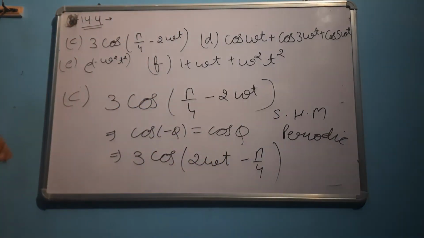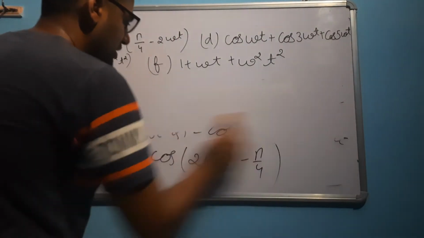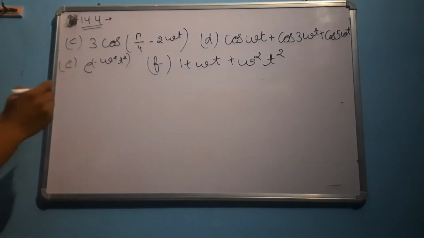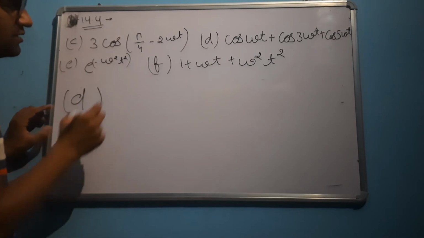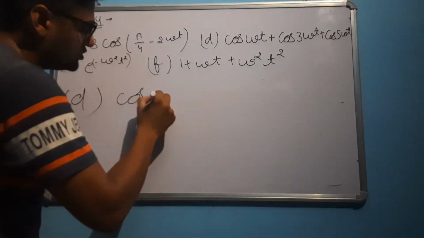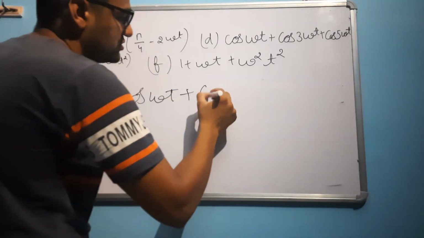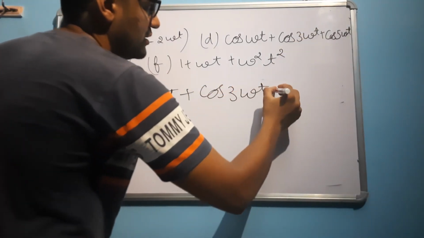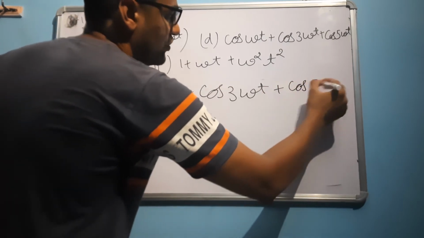So now we will move to the D part. The D part is somewhat similar to the B part. Let's see: cos omega t plus cos 3 omega t, plus cos 5 omega t.